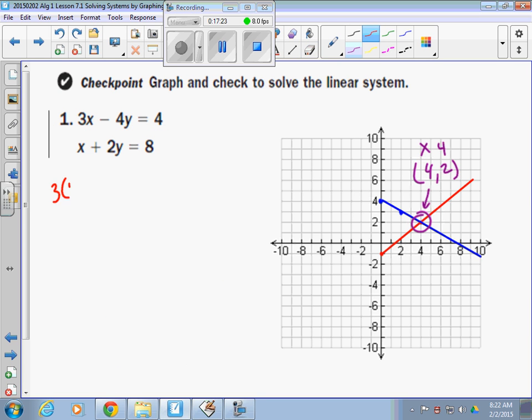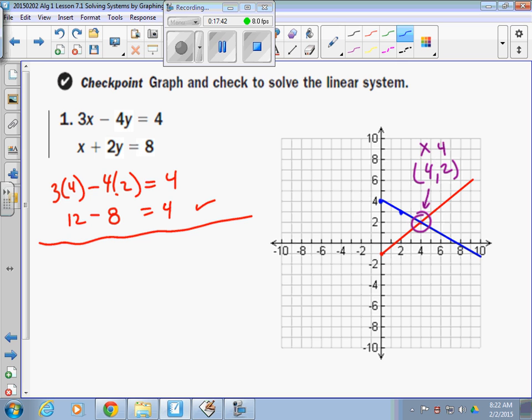3 times 4, this is just like the bell work, minus 4 times 2 equals 4. 3 times 4 we know is 12. Negative 4 times 2 is minus 8. And 12 minus 8 is equal to 4. That's a true statement. The same thing's true with the other one. Let's see if x and y work.